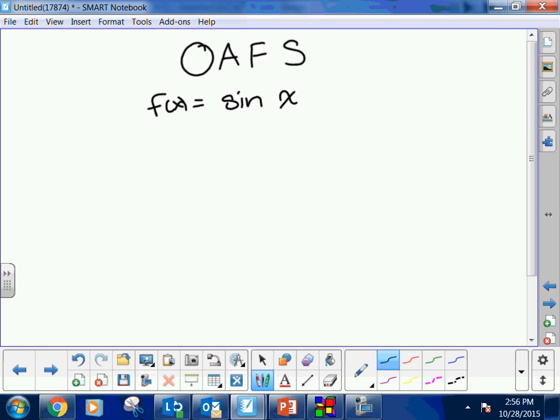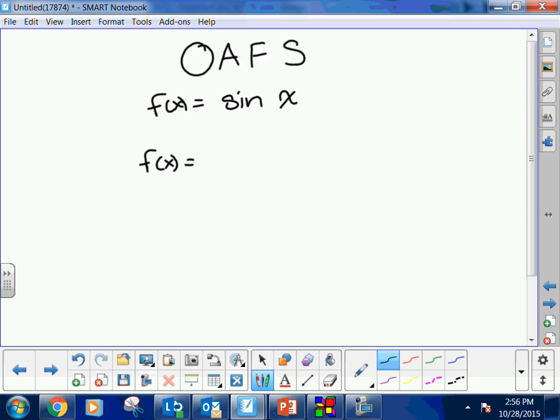Now, the first important thing that you're going to have to do is take the actual trig function and break it up into OFFs format. That means that you identify each part. I'm going to write it out. It's going to seem longer, and it will be, but at least it does the job of identifying OFFs. The O, the axis of oscillation, that's the number that it's added on.